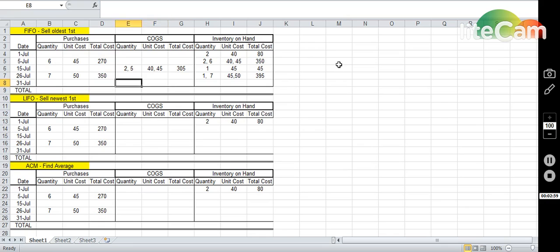And now on the 31st, let's go ahead and sell 5. So what 5 will I sell? So I'll go to my cost of goods sold section. So I'm going to sell the oldest first. First in, first out. So I'm going to sell the 1 for $45 and 4 for $50.